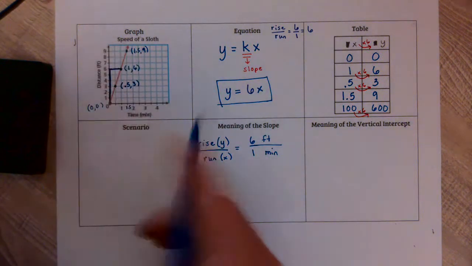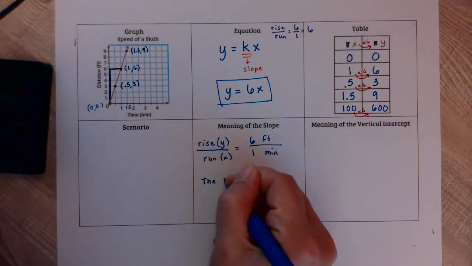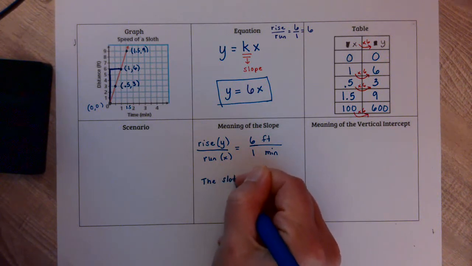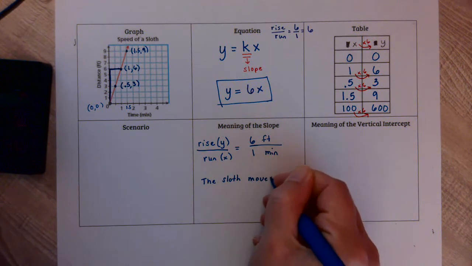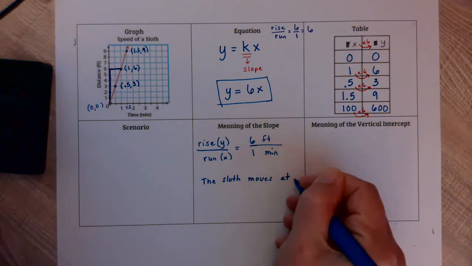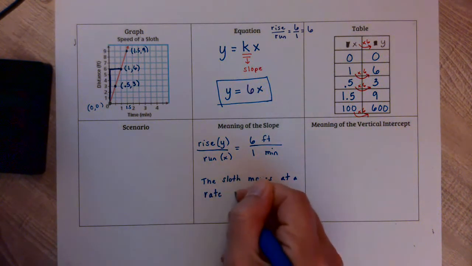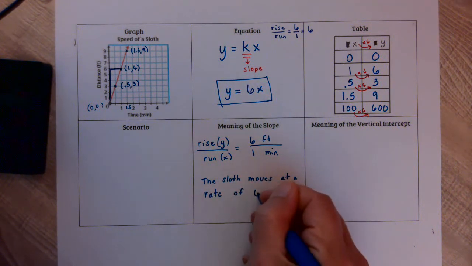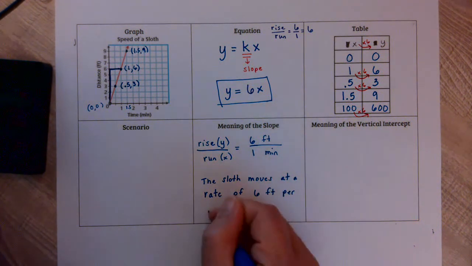This is about the speed of a sloth. So the sloth moves at a rate of 6 feet per minute.